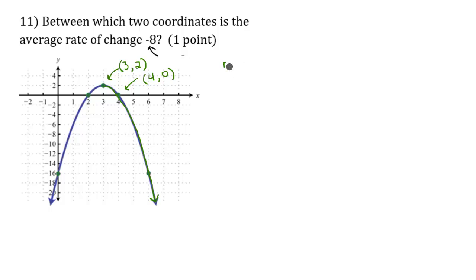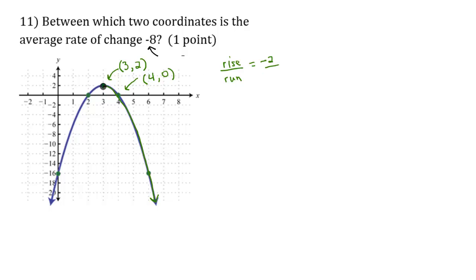And recall that the average rate of change is rise over run. So we want the vertical change first. So from this point moving down to this point here, how much did that vertical change? Well, we went from y equals 2 to y equals 0, so that only changed twice. And because we are going down, we'll just say that's negative.